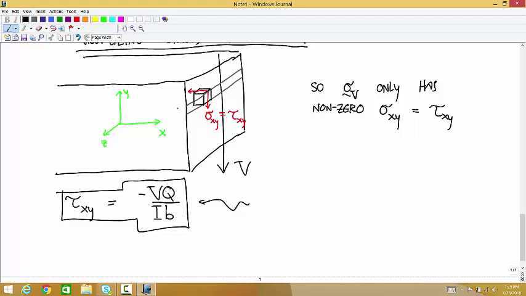But if you think physically about the directions, if you have a positive value of the shear force, from this picture you can see that's a negative xy shear stress. And if you have an upward shear force, that's a negative V, and that would give you a positive value of the xy shear stress. But you can trust this sign.